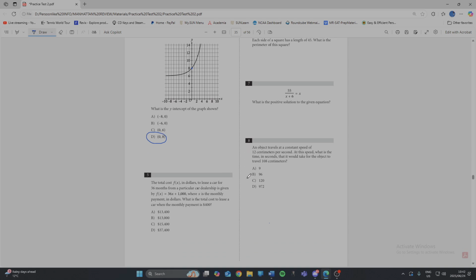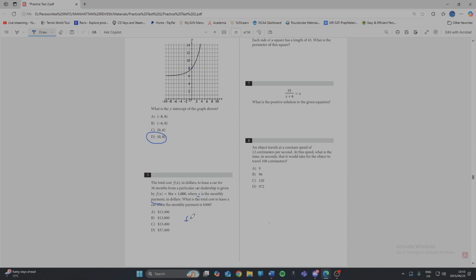Okay, for 5, it says the total cost f(x) in dollars to lease a car for 36 months from a particular car dealership is given by f(x) equals 36x plus 1,000, where x is the monthly payment in dollars. What is the total cost to lease a car when the monthly payment is $400? Okay, so it says that x is the monthly payment in this case. That means that we could set x equal to 400.